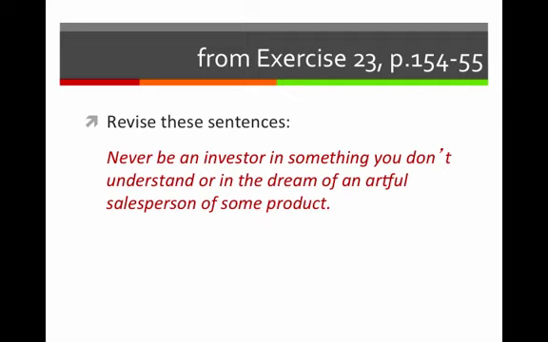How would you revise this sentence? "Never be an investor in something you don't understand, period." "Never invest in a salesperson's dream or in something you don't understand." How do you want to end this sentence? What's the most important point? What's the new information? "Of some product"? I'm sorry, that really just doesn't do it.